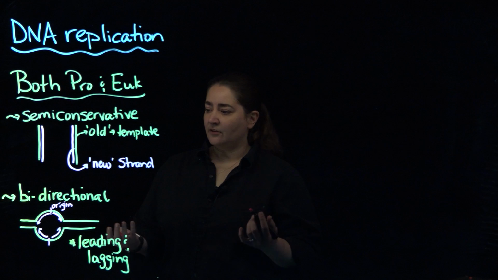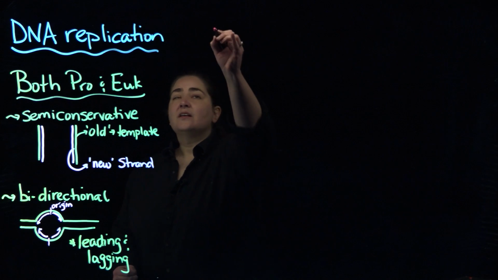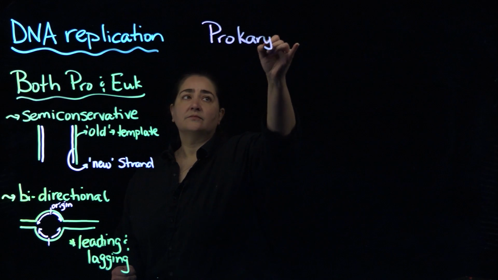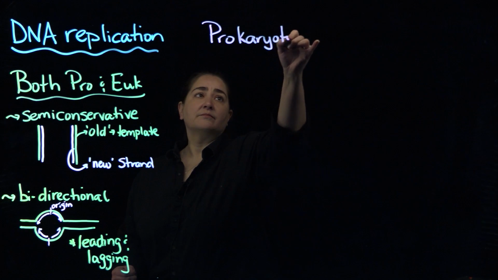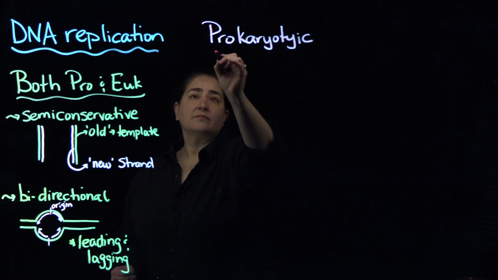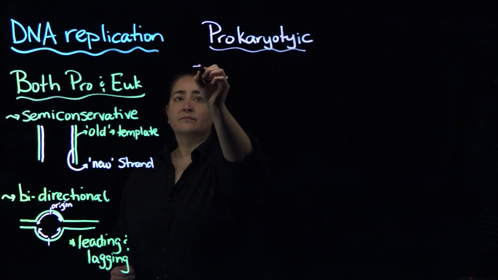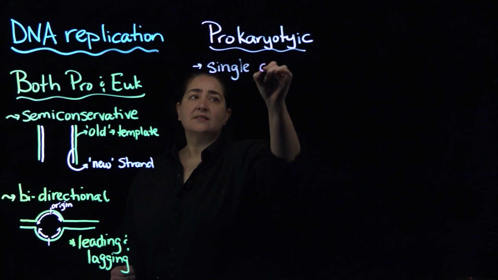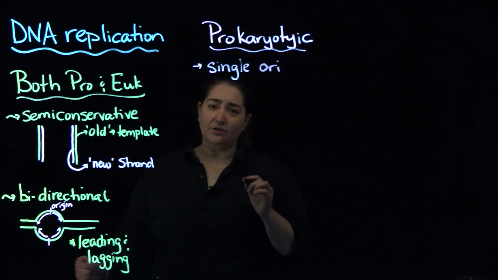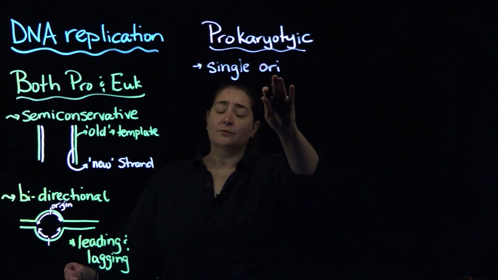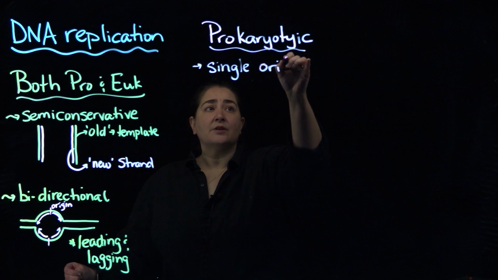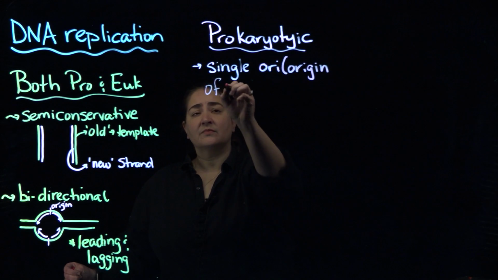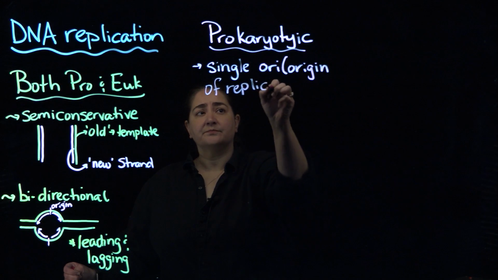So you're like, okay, great, I watched all that, what's different? There are some things that are different, and with prokaryotic cells, there's going to be a single origin of replication, and that's often referred to as the ORI. So that ORI is just the origin of replication.